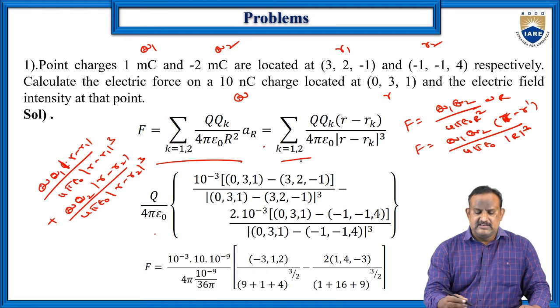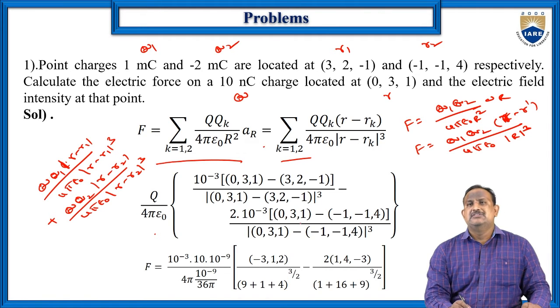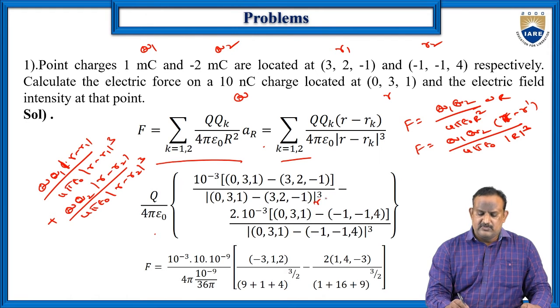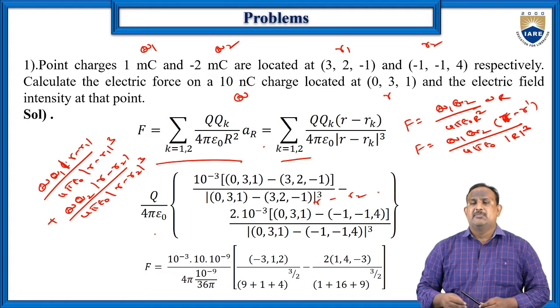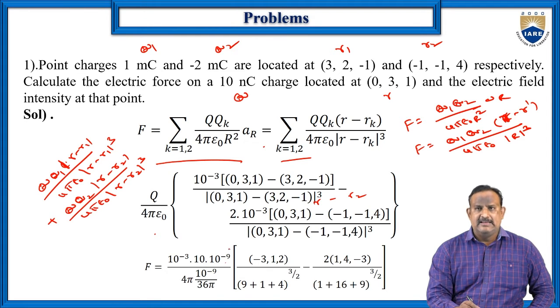Similarly, minus the second charge, which is minus 2 millicoulombs, so minus 2 into 10 power minus 3, into the vector R minus R2, where R is (0, 3, 1) and R2, the second point, is (-1, -1, 4). Now substitute the Q value and 4 pi epsilon naught value. Q is 10 nanocoulombs, so 10 into 10 power minus 9.